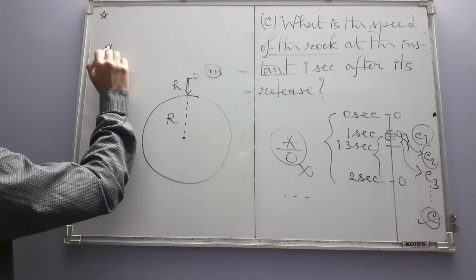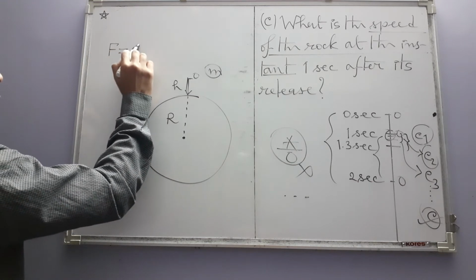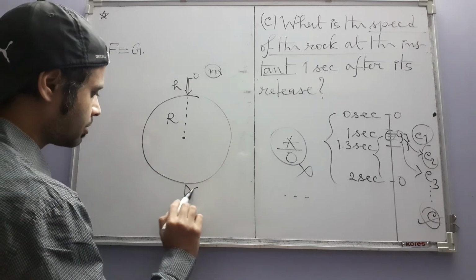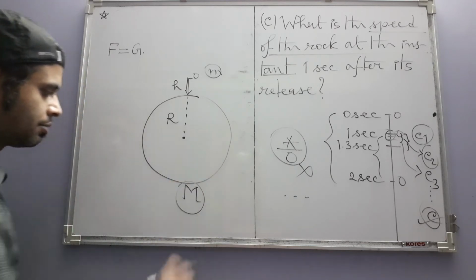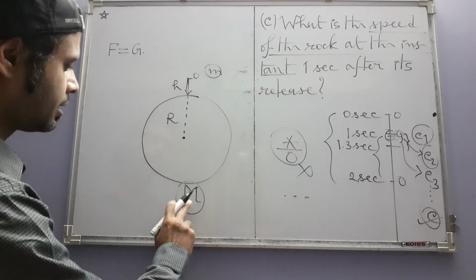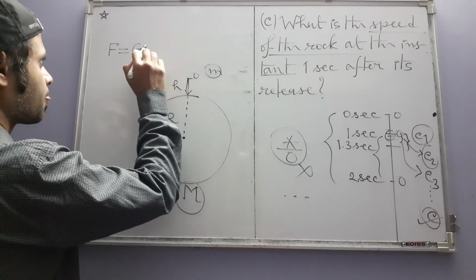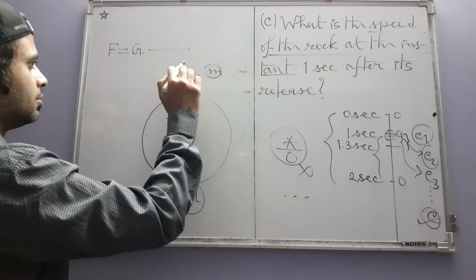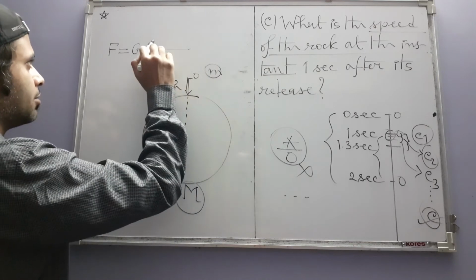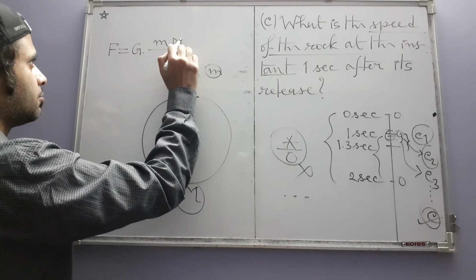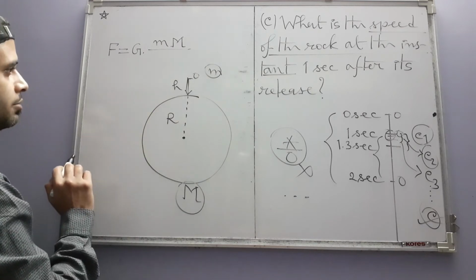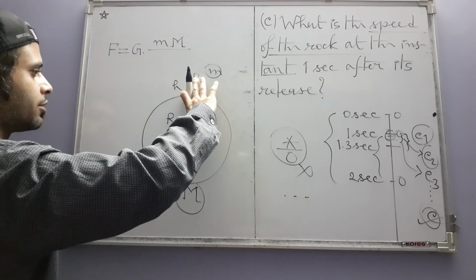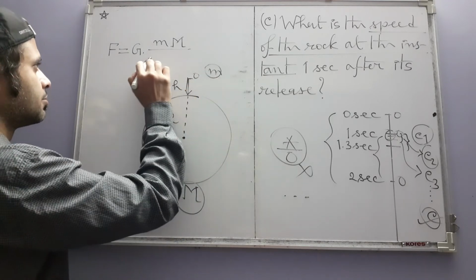The force of gravity will be equal to G, and because we are trying to calculate the force, we will need the mass of the earth also, so that is capital M. Now, what will you write here? We already know the formula, divided by the square of the distance.